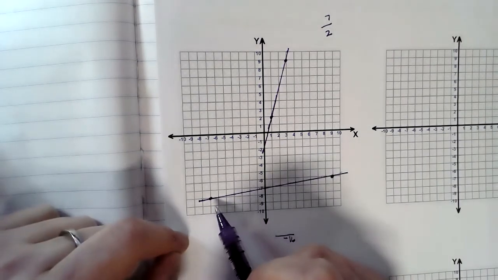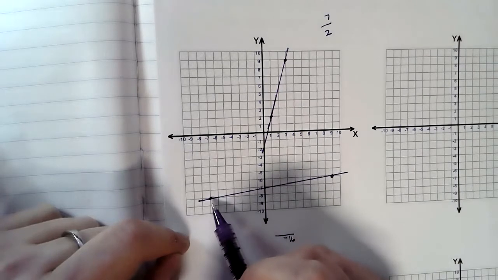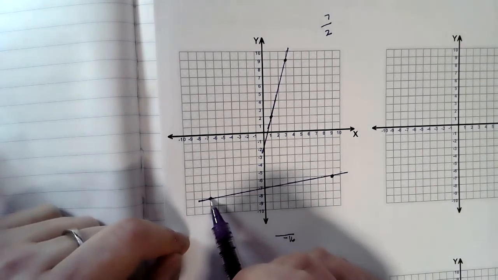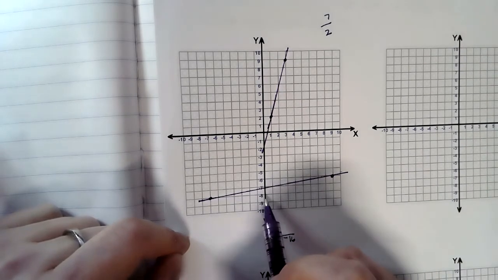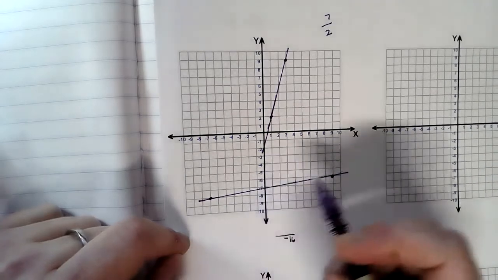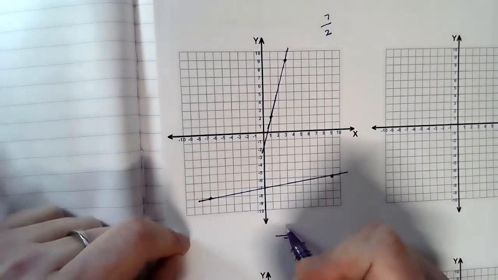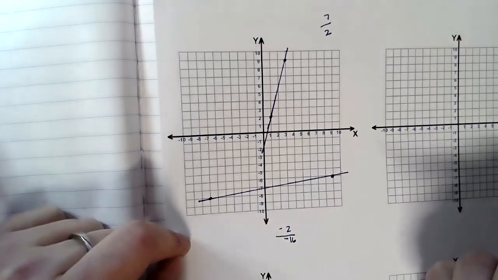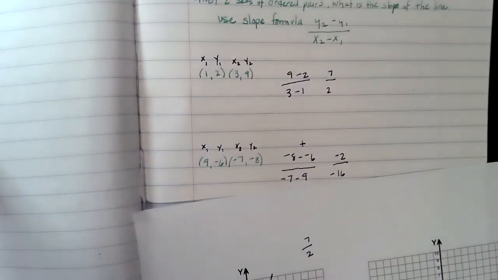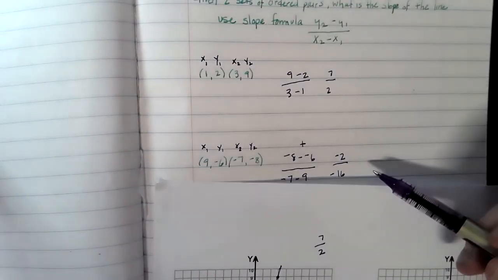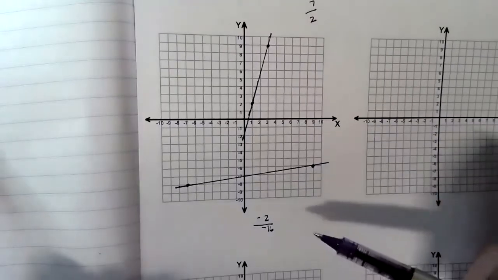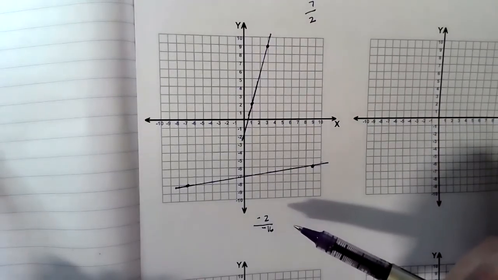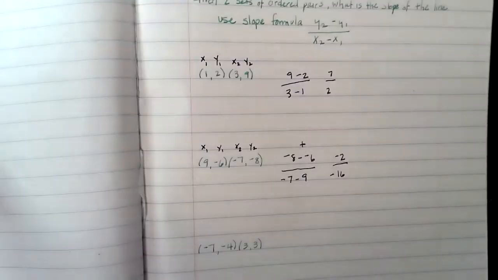And the rise is a difference up and down. If we start right here at -8, this one's at -6, the rise is -2. Is that what we got? Oh, look at that, it matches. -2, -16, -2, -16. Perfect.